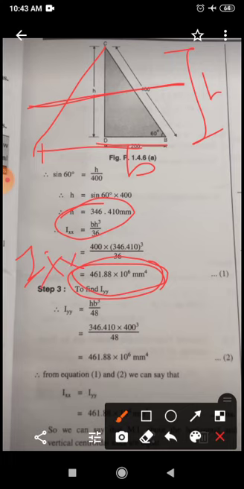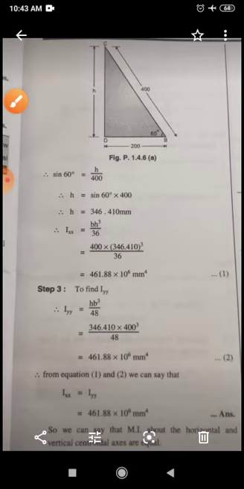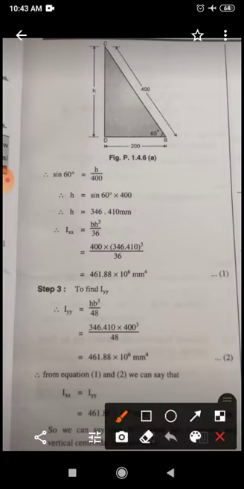Now let's calculate the moment of inertia about the y axis. The formula changes slightly: Iyy is equal to hb cube upon 48. For the previous one it was 36, now it is hb cube upon 48.